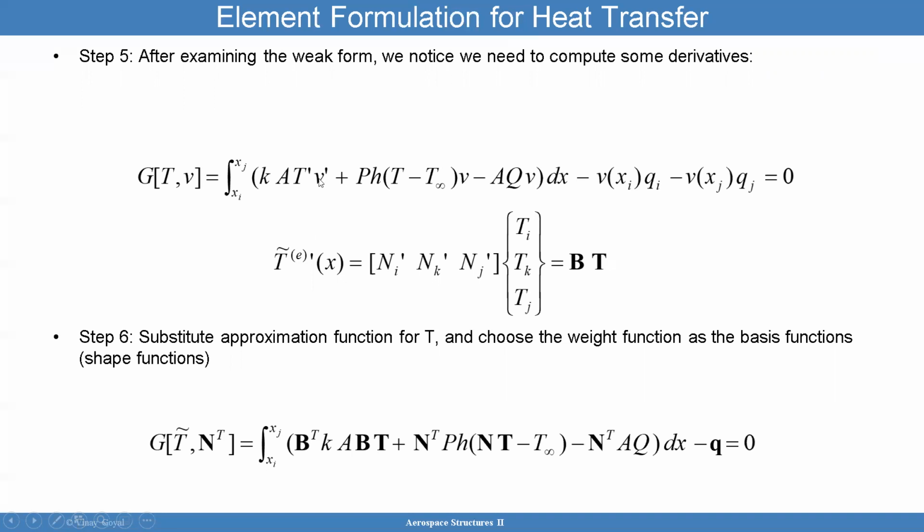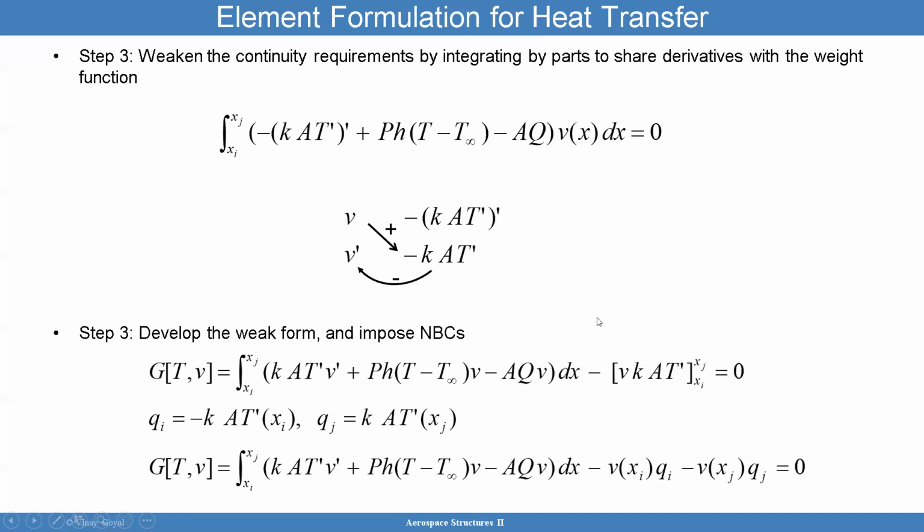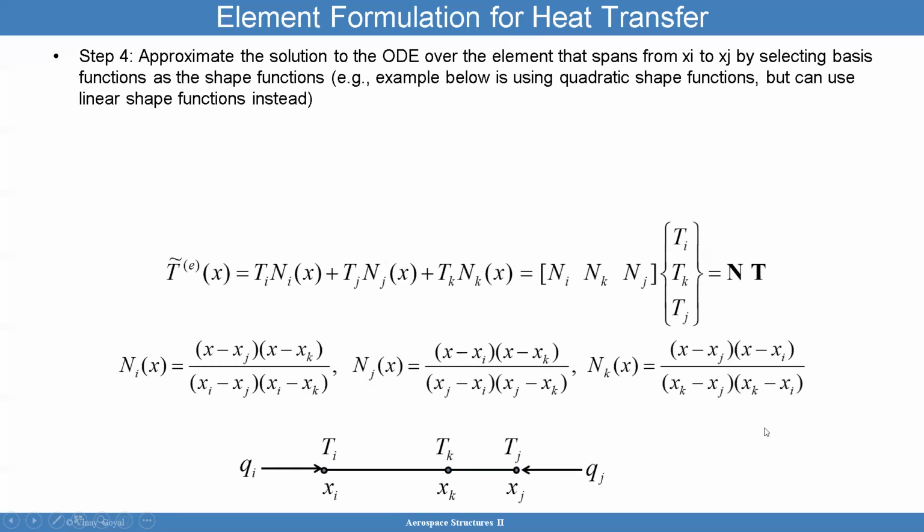And then for v, I'm going to plug in n. So v, let me remind you what v is. V is this function that I multiply the whole thing with. And this function is unknown. But I'm going to select it to always be these polynomials. Okay.